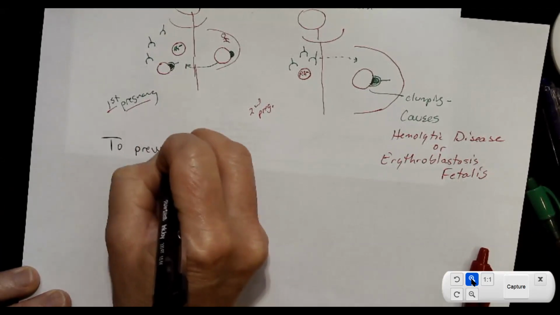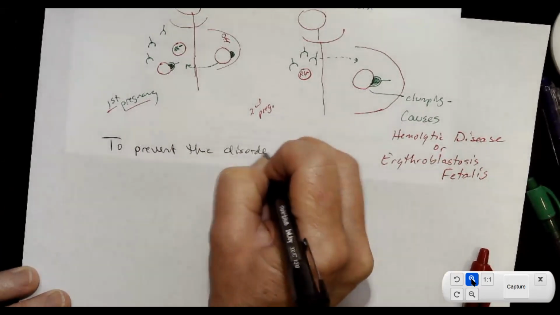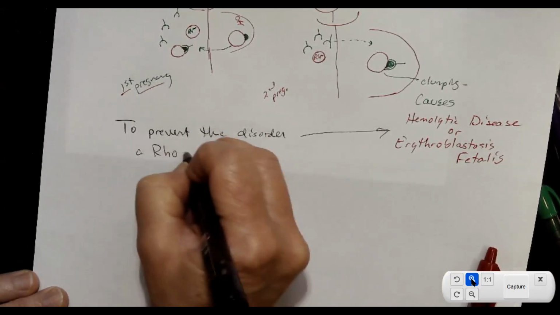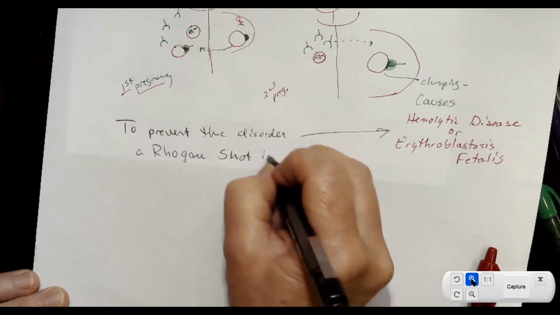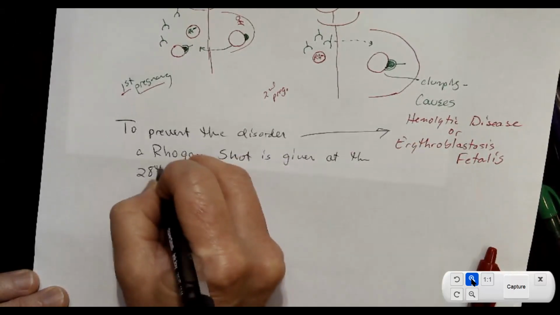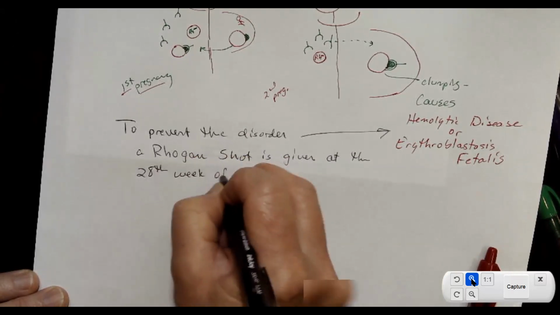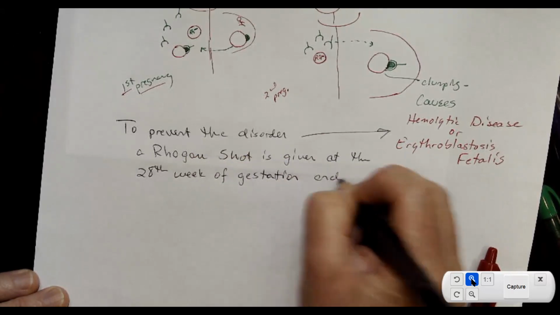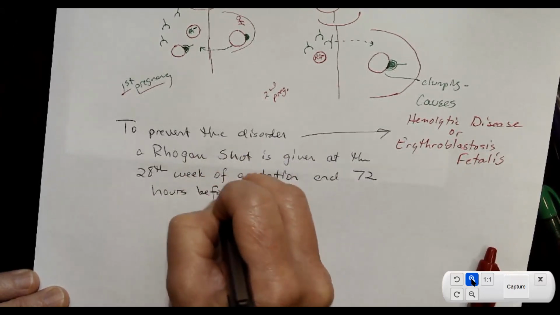To prevent hemolytic disease, a RhoGAM shot is given at the 28th week of gestation, and 72 hours before delivery.